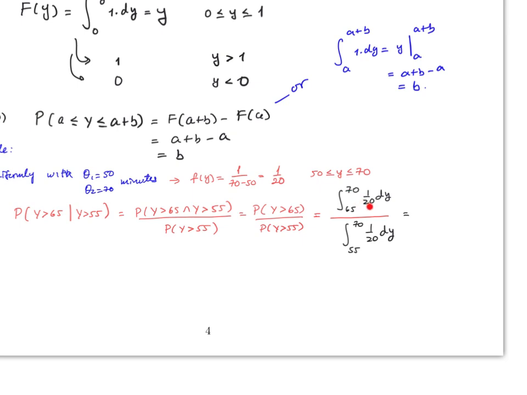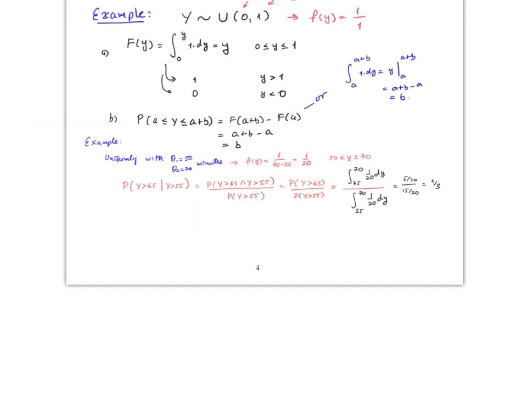The length of the interval is 5, so technically it will be 5/20 on the top, and on the bottom this will be 15/20. And when I simplify this, it is just equal to 1 over 3.